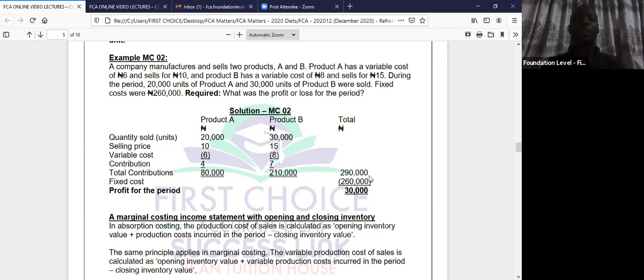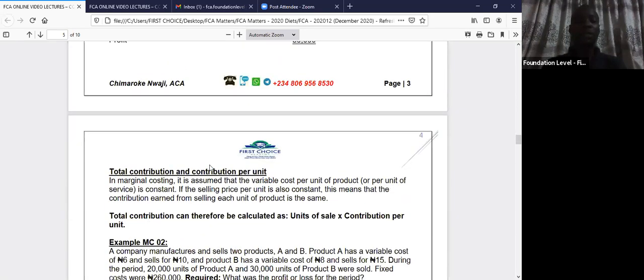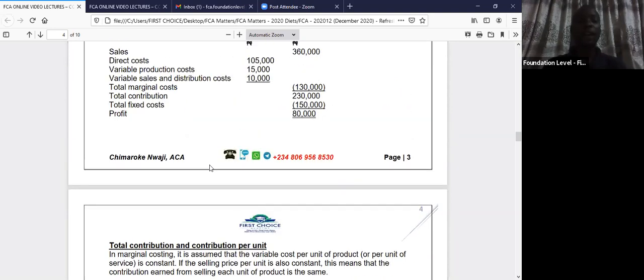So that means the selling price here is 10 naira, while the variable cost, which is a marginal cost, is 6 naira. That means your marginal profit or your contribution per unit is 4 naira. So this is the first method, what we call the total contribution style.